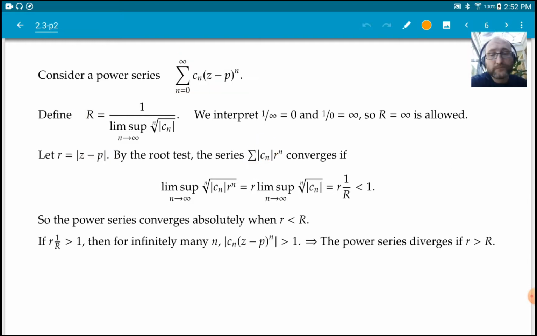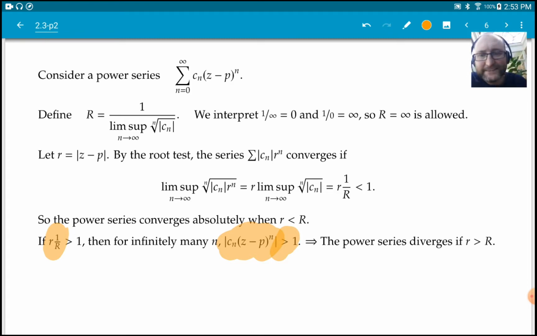Now, if this ratio is strictly bigger than 1, then for infinitely many n, we're going to get that the absolute values here, if you take the modulus here, because of the lim sup, you have to break it infinitely often, you'll actually get strictly bigger than 1 here, right?